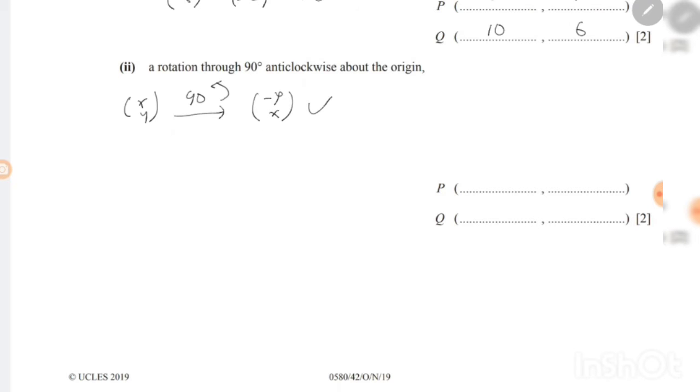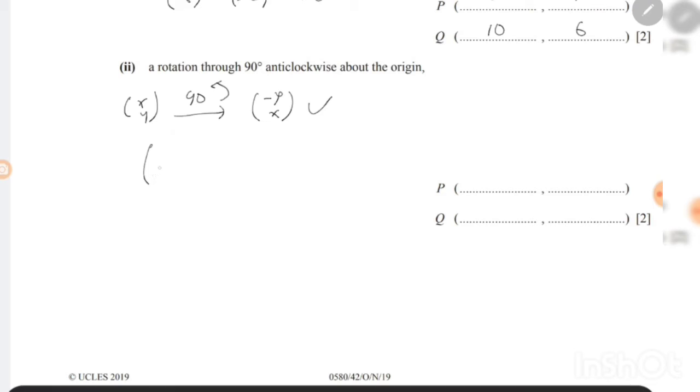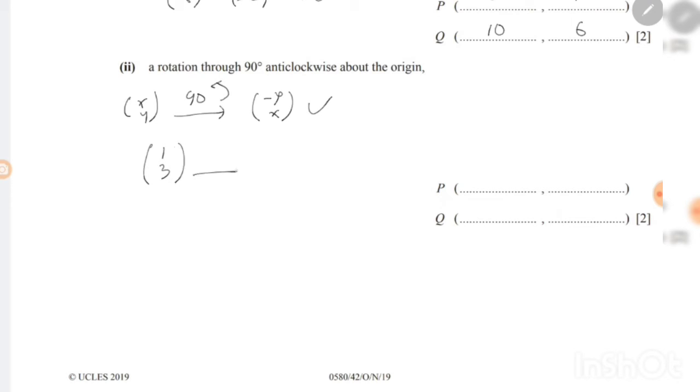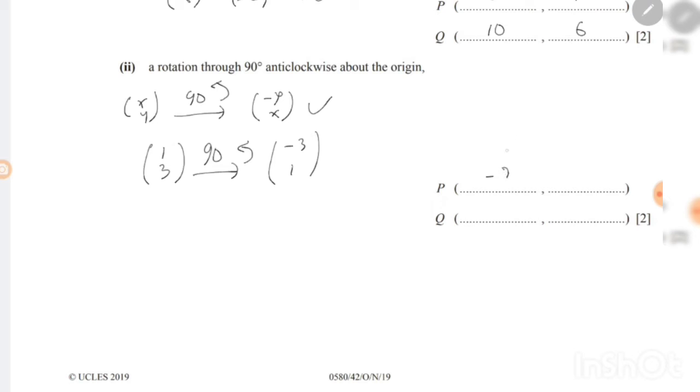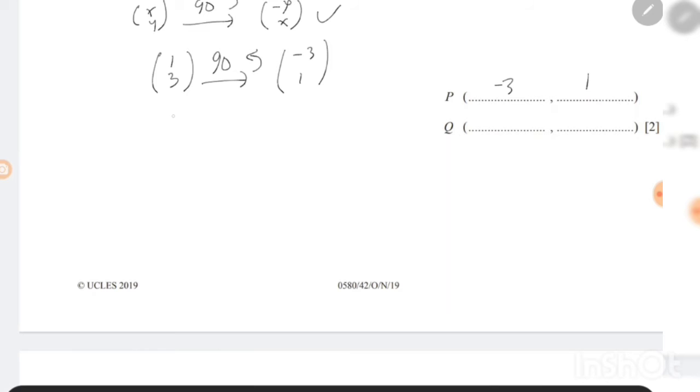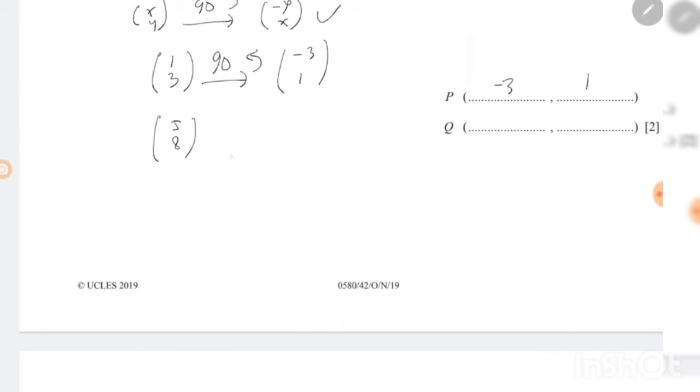So by using this formula, when your A is (1, 3) and you rotate 90 degrees anticlockwise, it becomes (negative y, x), which means (negative 3, 1). So our P coordinate is (negative 3, 1). And also for Q, because our B is (5, 8), rotating 90 degrees anticlockwise, you have (negative 8, 5). So our Q coordinate is (negative 8, 5).